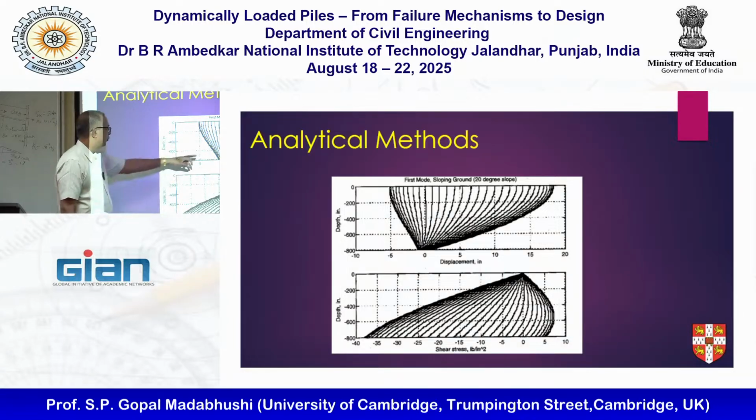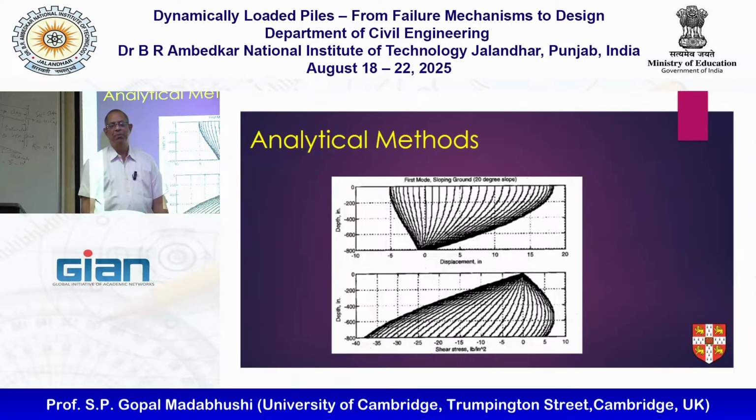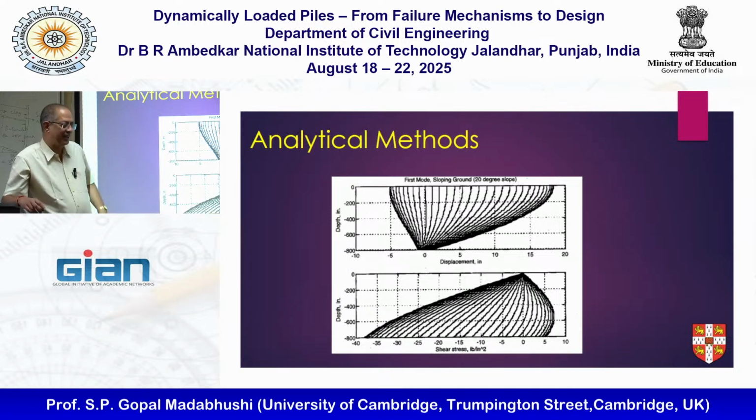And for the same data, I can also work out what is the shear stress on layers parallel to the slope. And these are plotted as shear stress in pounds per square inch, which is a favorite unit for the Americans.